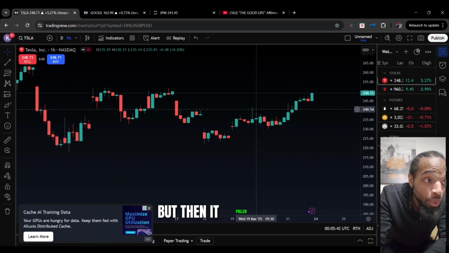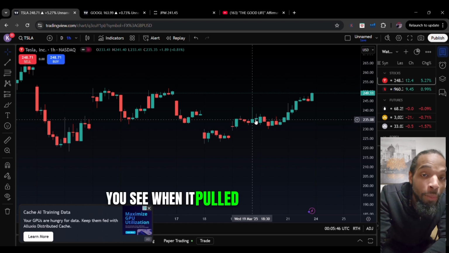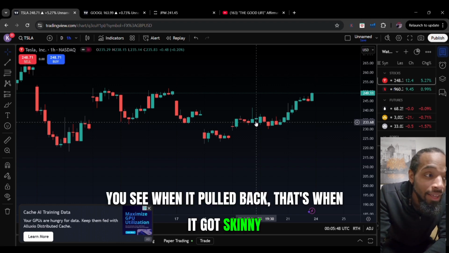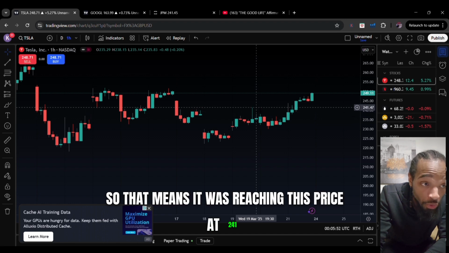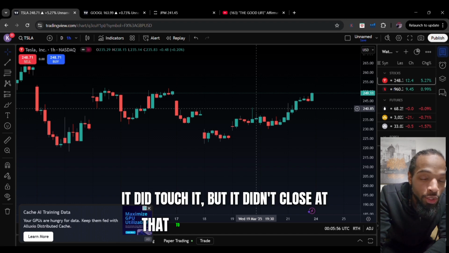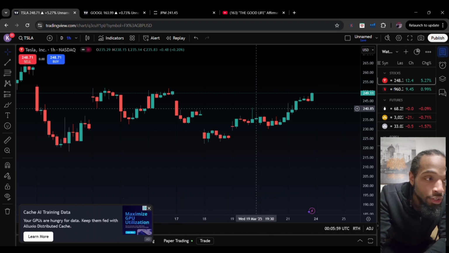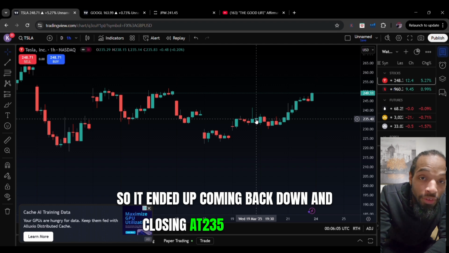But then it pulled back. When it pulled back, that's when it got skinny. That means it was reaching this price at 241. It did touch it, but it didn't close at that price. It ended up coming back down and closing at 235.